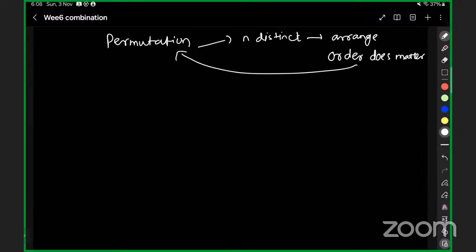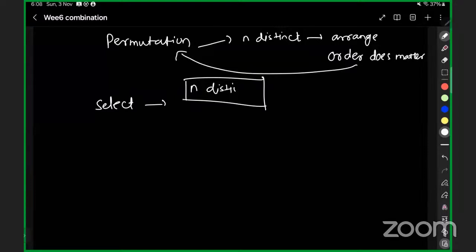So now, what to do when we want to select some objects? Let's say we have n distinct objects, and we want to select a few of them, R of them. Then how to do the selection?